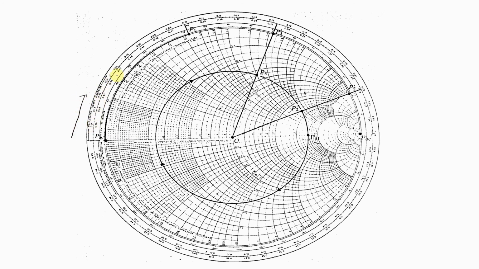We move on the r is equal to 0 circle, the outer circle. Here is 0.1 lambda. Join that point and mark it here.